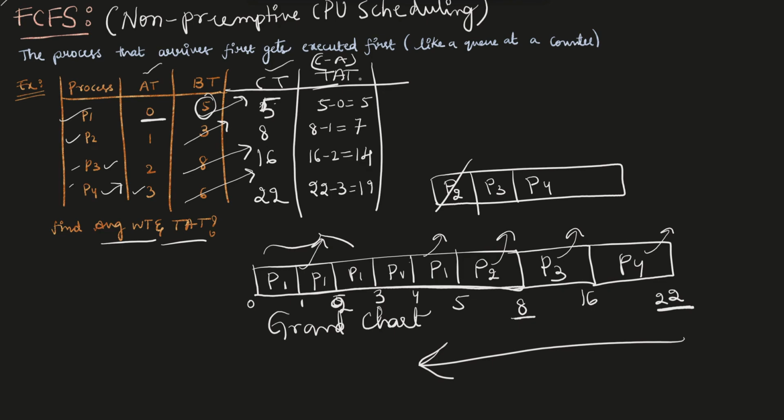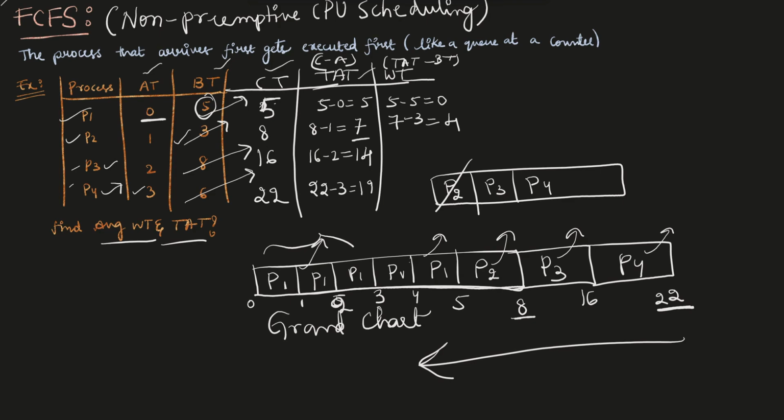Now we have found turnaround time and burst time. What can we find now? We can find the waiting time, that is turnaround time minus burst time. So this would come out to be 5 minus 5, that is equal to 0. For process P2, turnaround time is 7, burst time is 3, so it is 7 minus 3, that is 4.